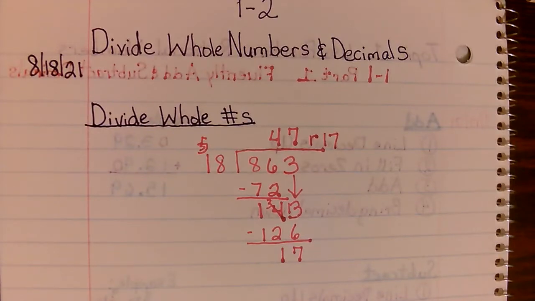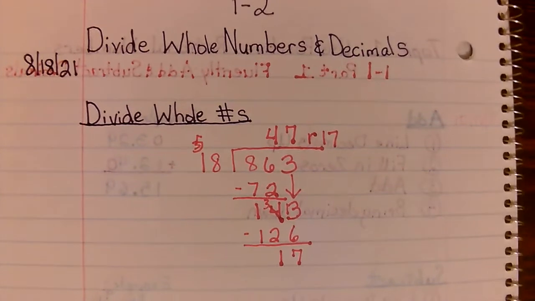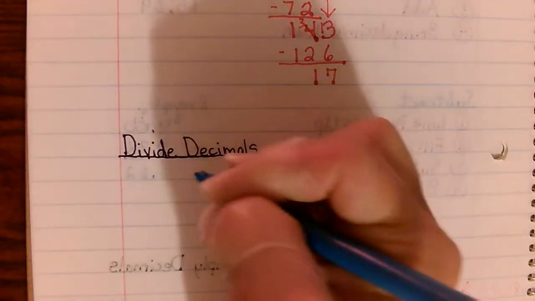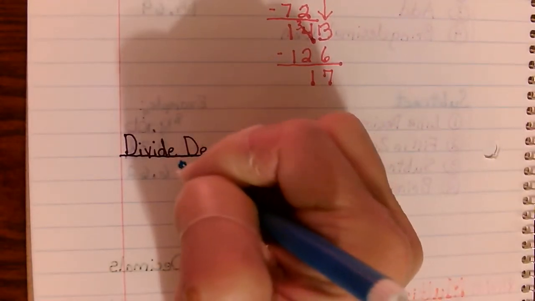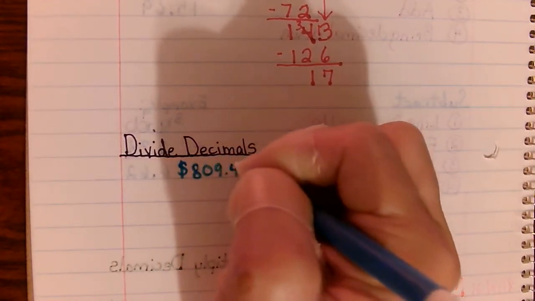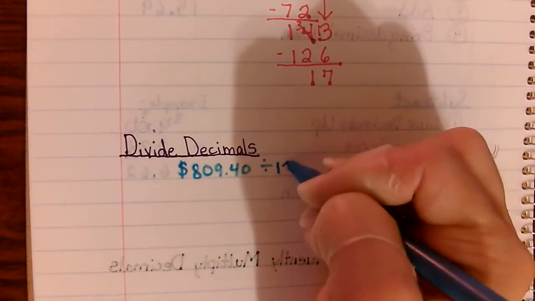Now let's look into dividing decimals. One way you might see dividing decimals looks something like this. You might say, I have $809.40 divided by 12.